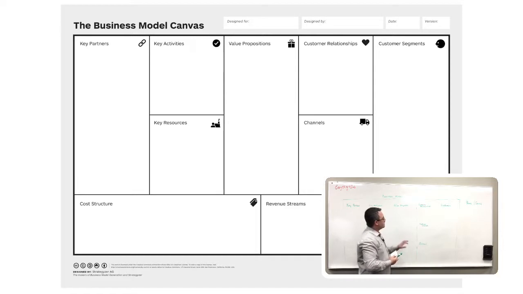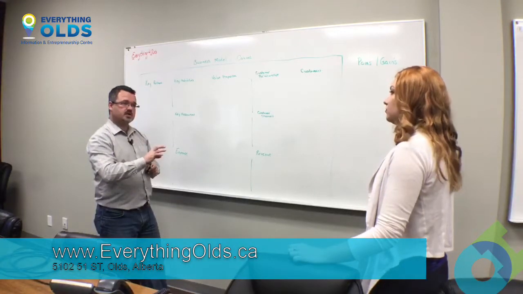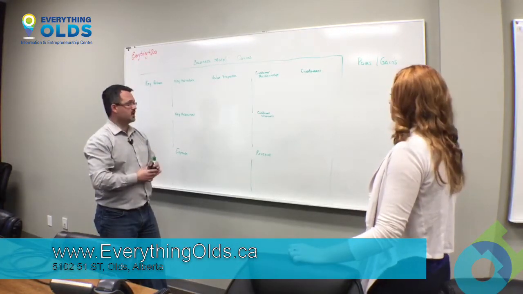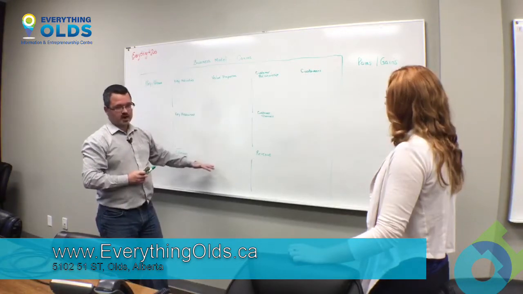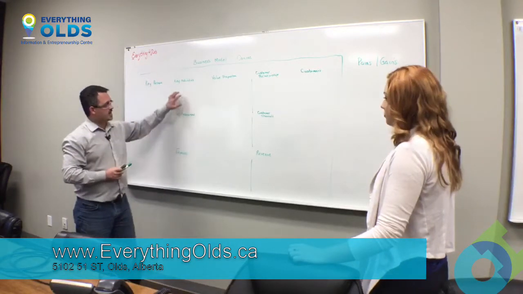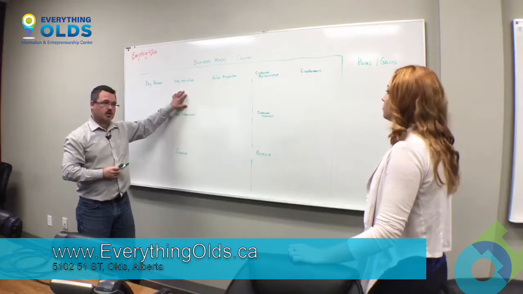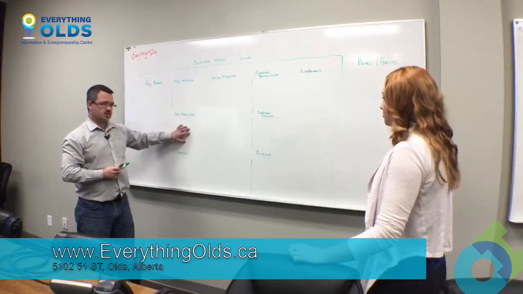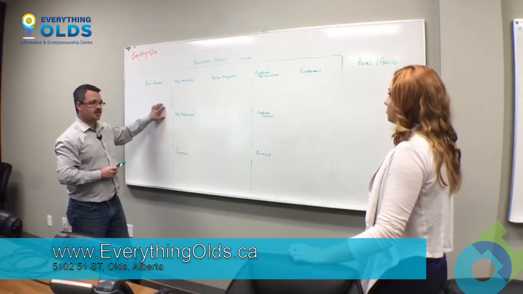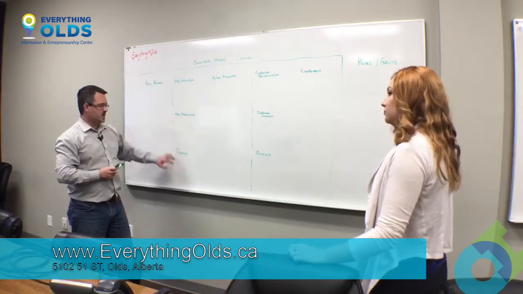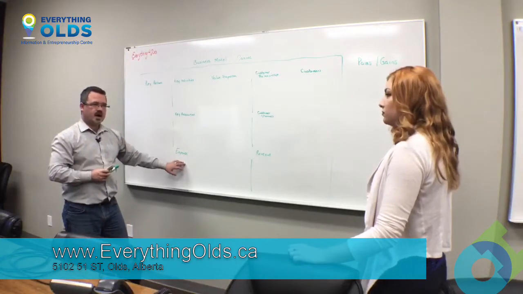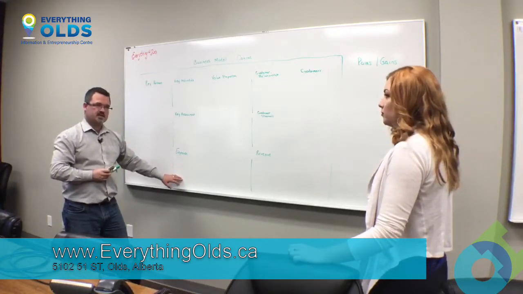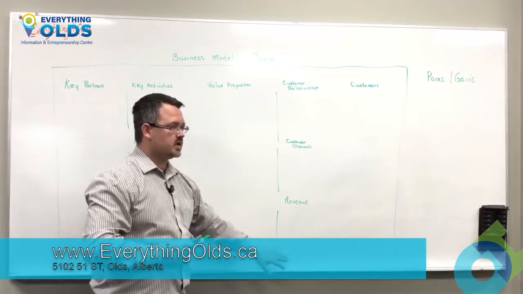And so the business model canvas is taking the information you know about your customer, the way that you think you're going to build your relationship, the way that you think you're going to communicate, determining what your value proposition is, identifying the key activities that you're going to deliver on, what resources you're going to need, who you're going to leverage, what relationships, and then saying, okay, how much of my expense is going to go towards these activities, how much of my revenue is going to come from it.